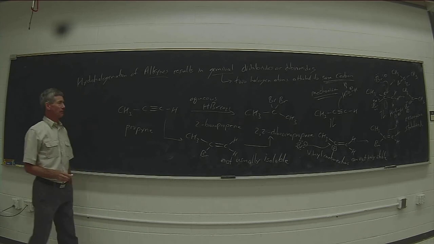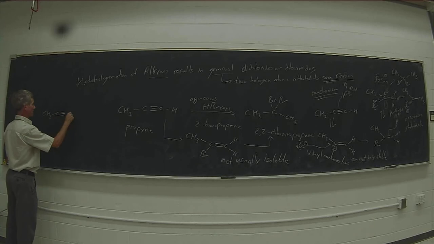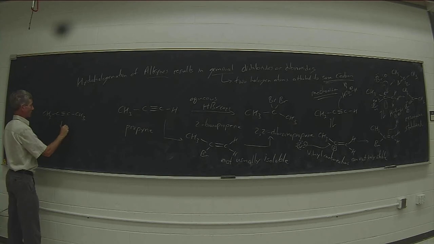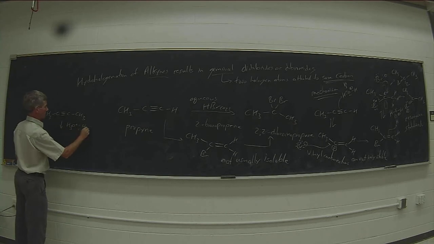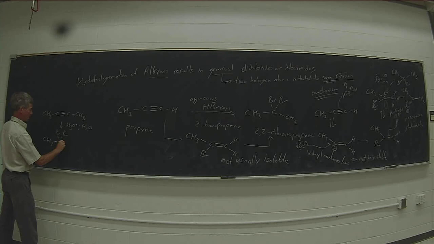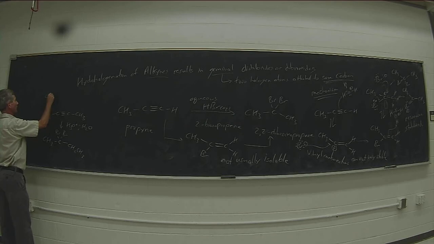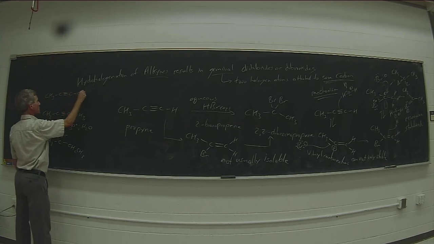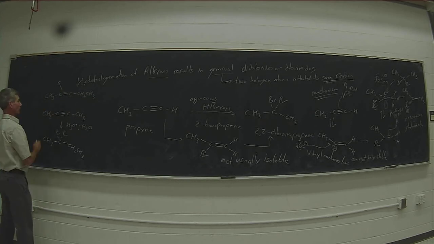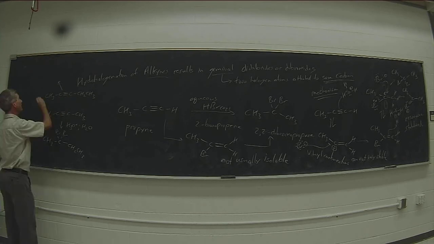It's not really a very useful reaction for regular alkynes, internal alkynes like this. Right? Well, for this one it would be probably okay. You can make the geminal 2,2-dibromobutane, but if you have 2-pentyne, for example, now there's no preference for which end carbocation would generate, and you would get a mixture of 2,2-dibromo and 3,3-dibromo.